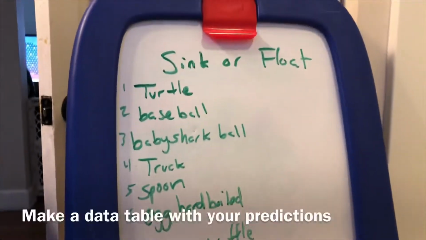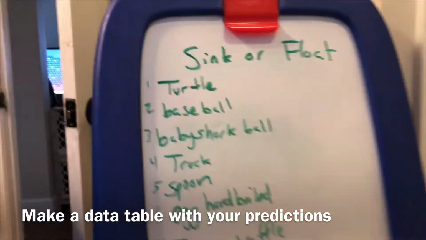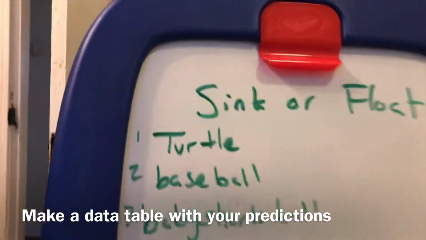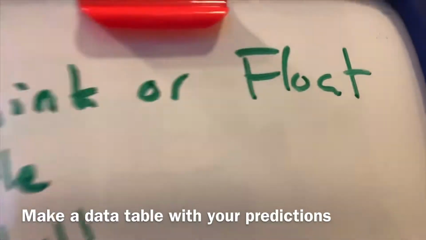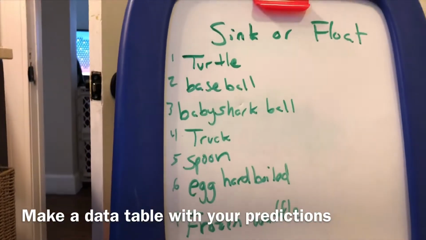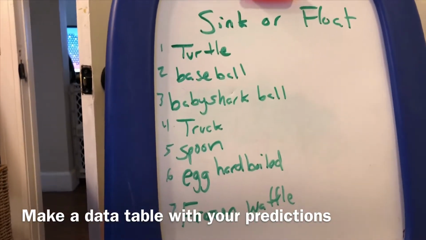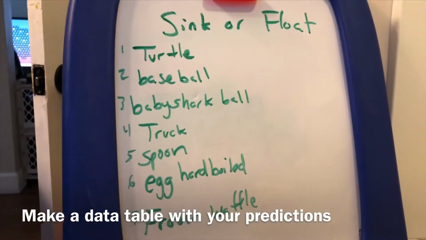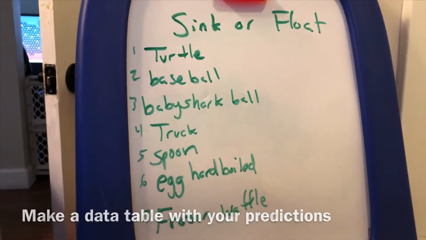Step 3, make a list of all the items you are testing, and then you can make a prediction if you think it'll sink or float. Next, we are going to do our experiment.